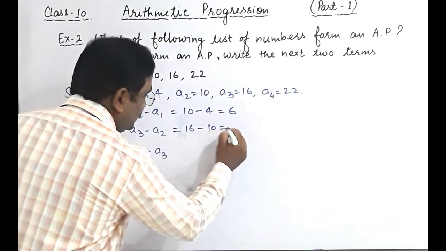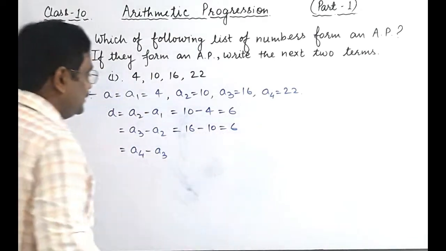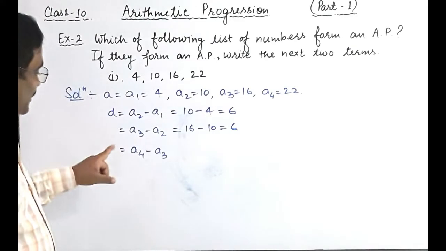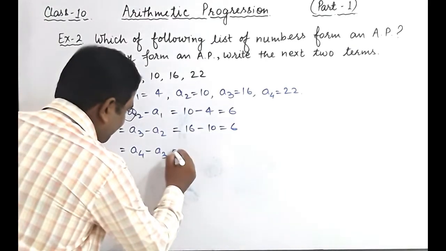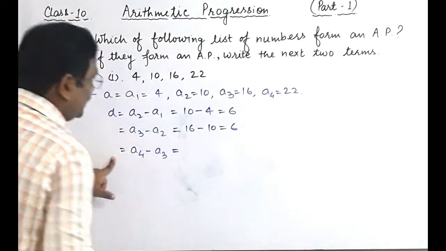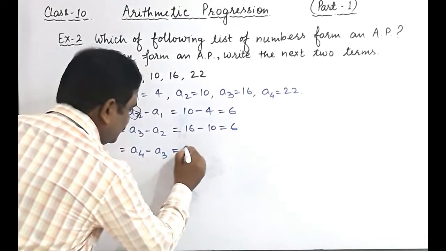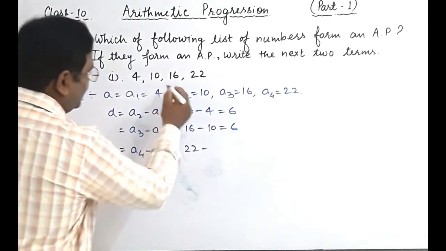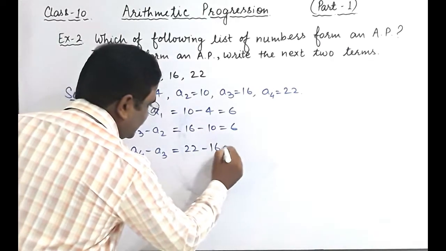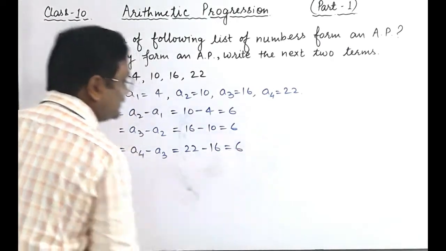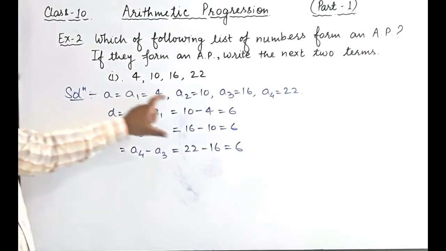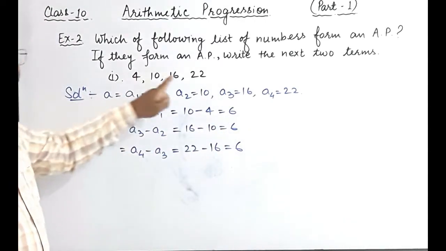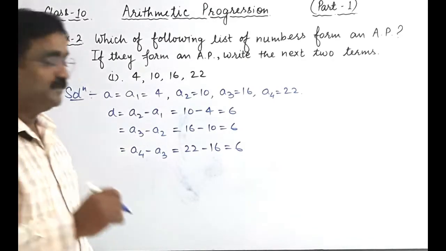So 16 minus 10 is also 6. In these two cases the common difference plus 6 came. Find the next: a4 is 22 minus a3 is 16, you will get 6 again. It means the common differences are the same, plus 6, therefore the given series is an arithmetic progression.